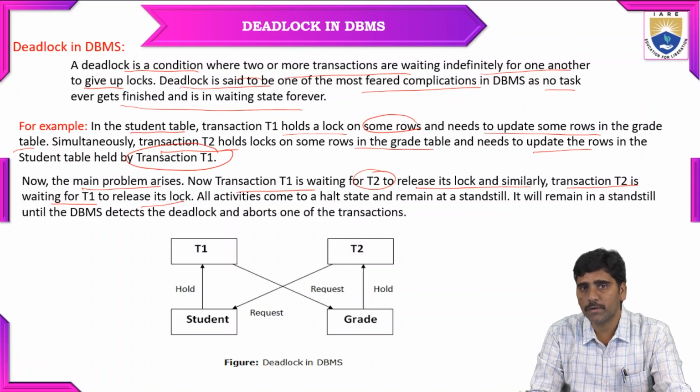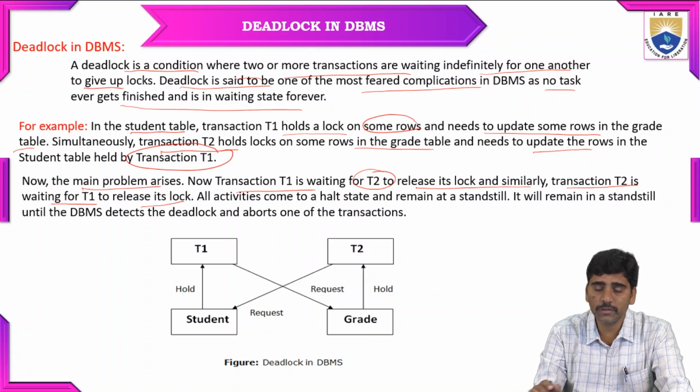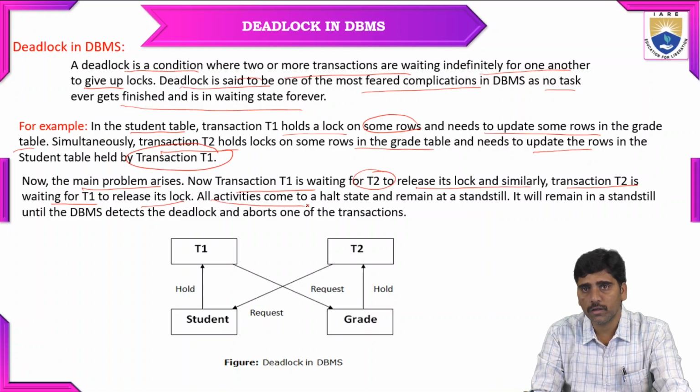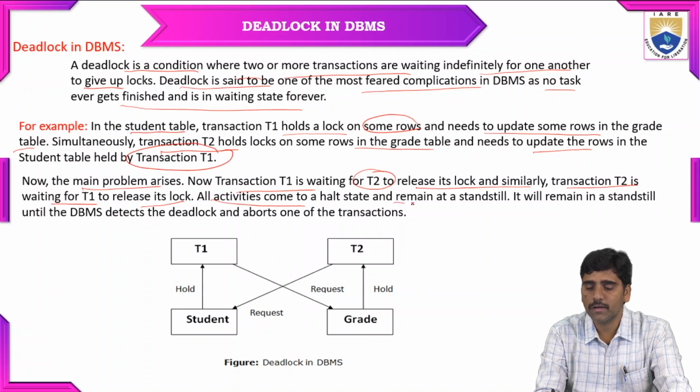Those two want to update their data, but one is already in the active state and the second one is in the waiting state. So here the problem comes. All activities come to a halt and remain at a standstill until the DBMS detects the deadlock and aborts one of the transactions.